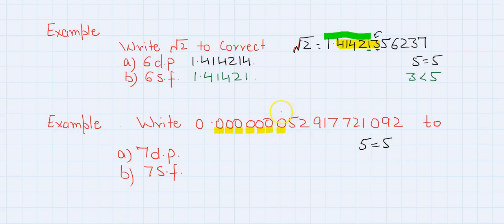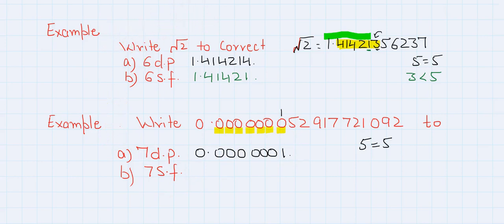It means we have to increase this by 1. So the answer will be 0.0000005. This is up to 7 decimal places. We can count 1, 2, 3, 4, 5, 6, 7. Because of 5, we have increased by 1.